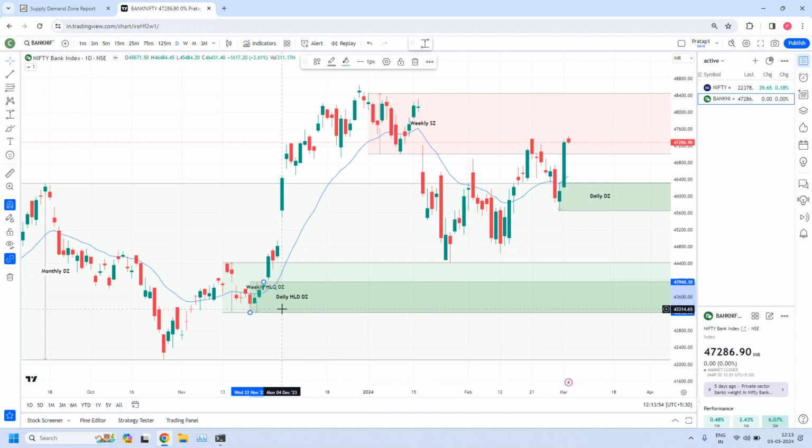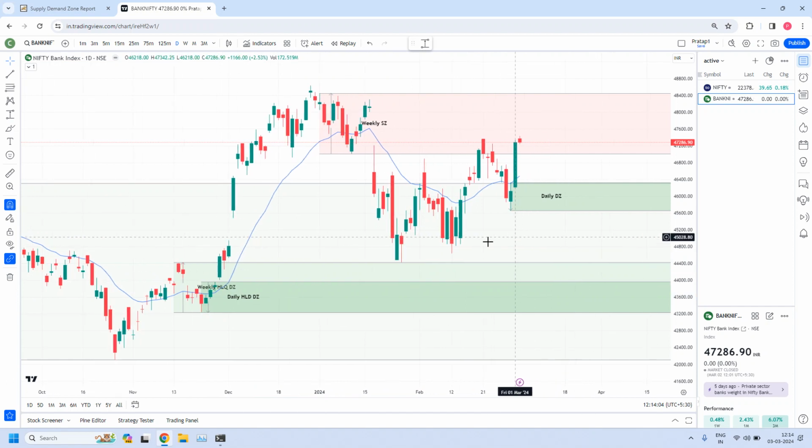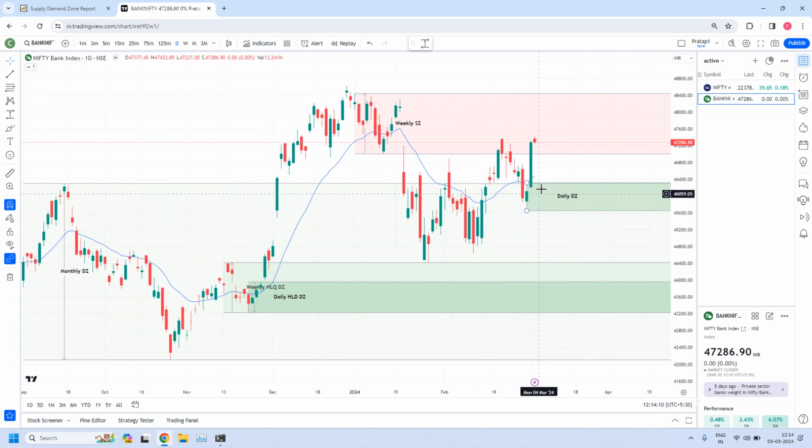This daily HLQ demand zone is inside the weekly high liquidity demand zone. So this is excellent. We have 2 daily demand zones drawn. This is the immediate daily demand zone at this point of time. And if this is violated, definitely Nifty will get support within this weekly area.